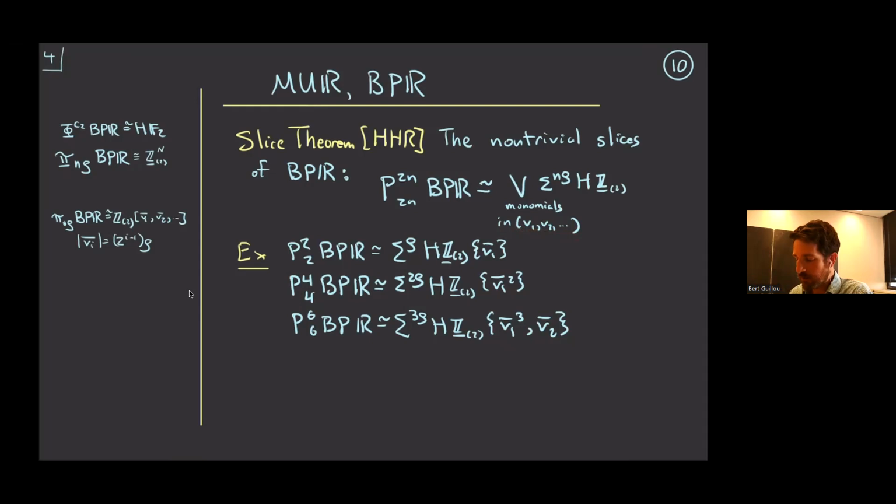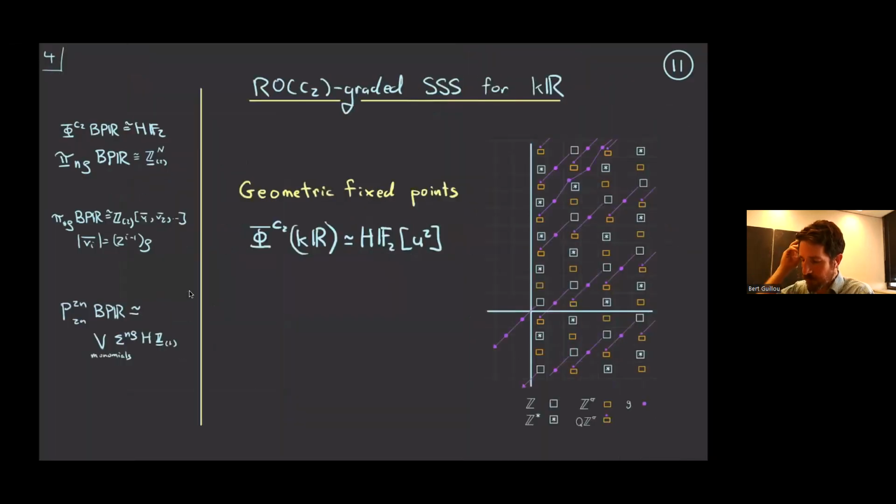Okay, but again, when I emphasize in low degrees, this looks exactly like the KR that we were looking at last time. All right, so again, this is the picture that we sort of ended with last time, which was the ROG graded homotopy of KR.